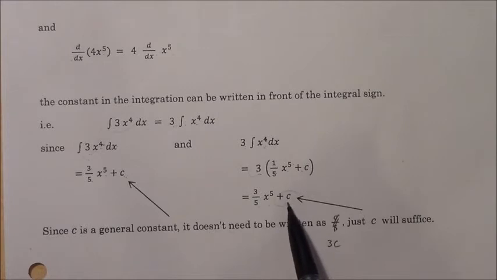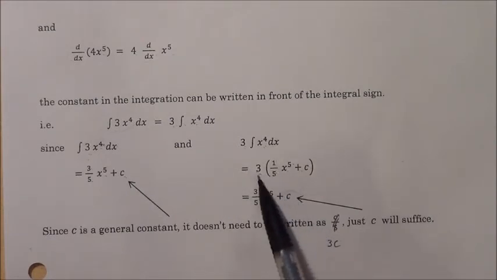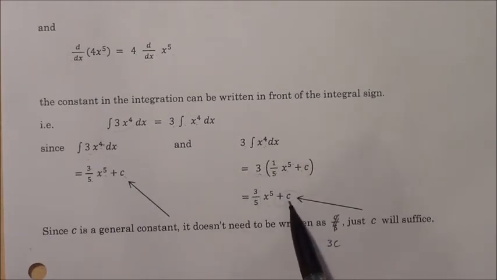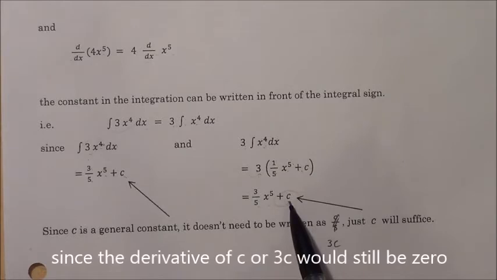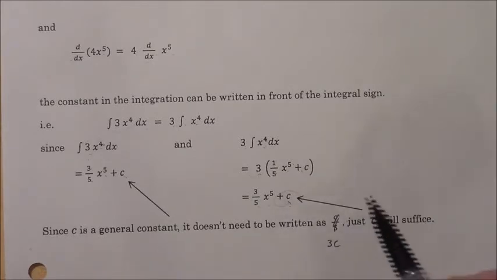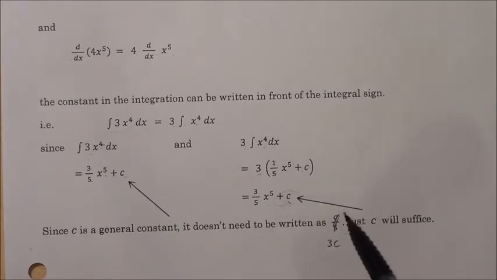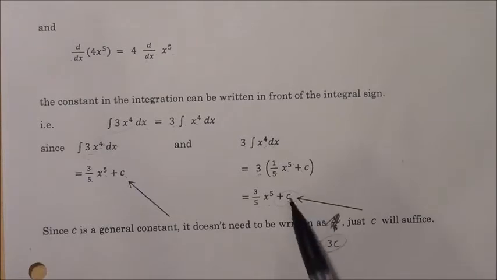Now that c doesn't have to be multiplied by 3 because it's just a general constant anyway. So whether there's a 3 out here or not, we can just leave that as c. It doesn't have to be 3c. What I was trying to say is we don't have to write this as 3c, because just c will do.